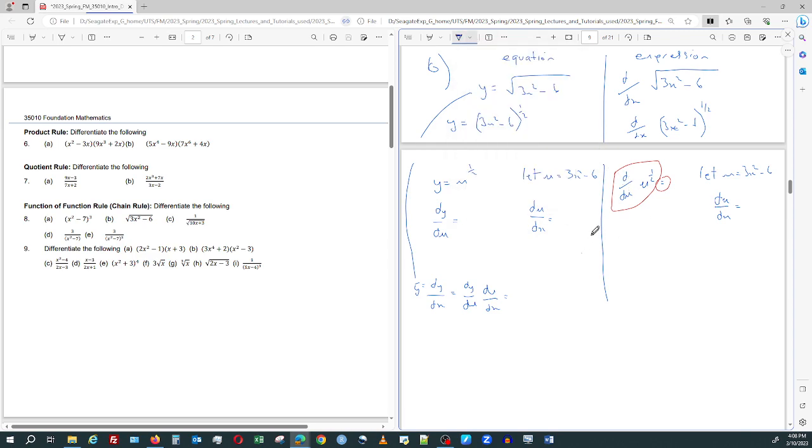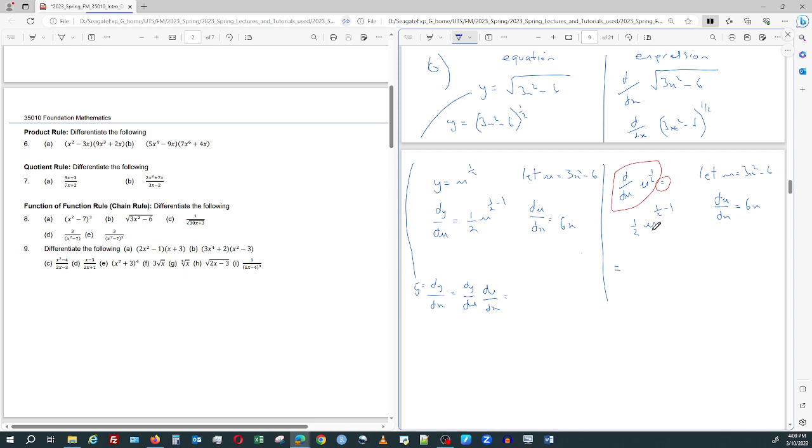All right, so you can't see my fingers, but basically it's 3 times 2x. This one here is 6x. Same over here, 6x. And this one here becomes half u to the half minus 1. I don't need to do anything equals-wise because I already have that equal, so that makes perfect sense.